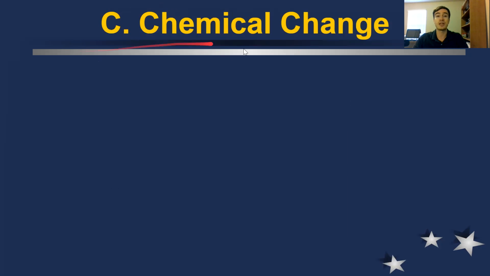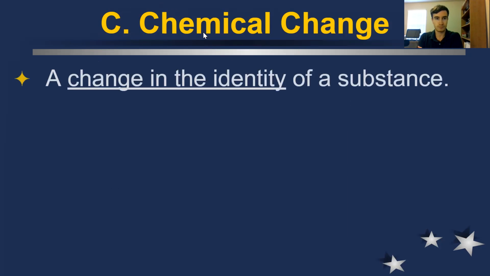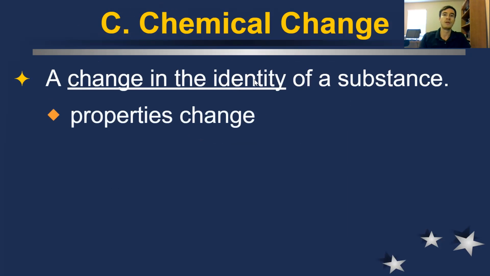We have chemically changed our matter, our substance, from one thing to something very different. So we have changed the identity of a substance. We've created a new set of chemicals from our old set. This means that the properties of this chemical have changed.